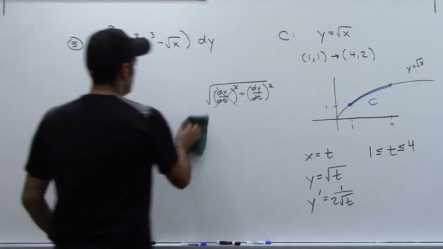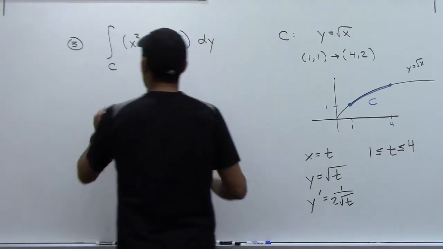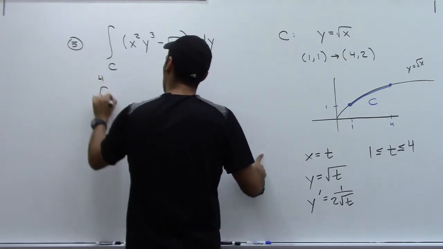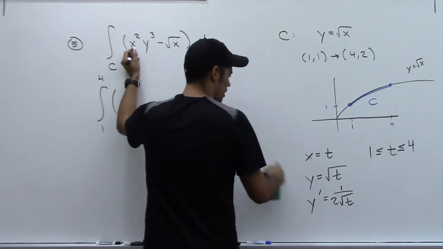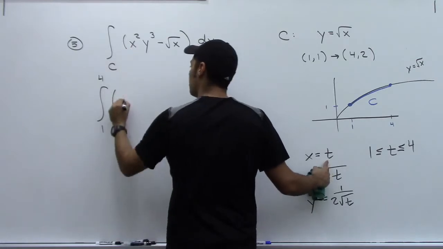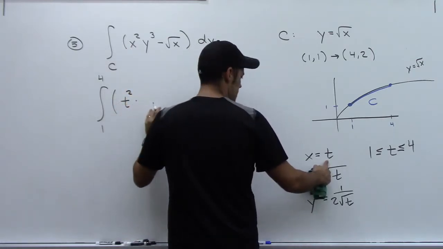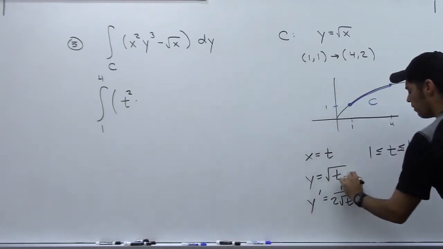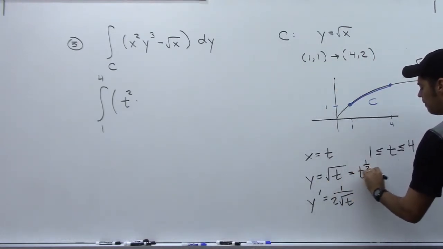All right, let's do this. We've got the line integral. We're going to go from 1 to 4. And x squared, which is this squared, so t squared, times y cubed. Now remember, this is y. I can write that as t to the half.